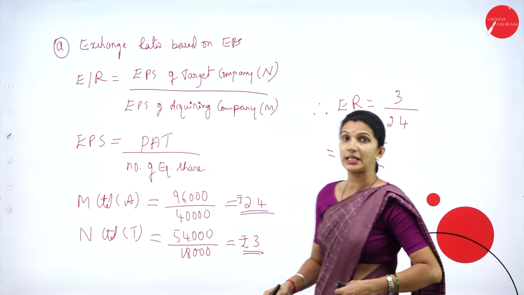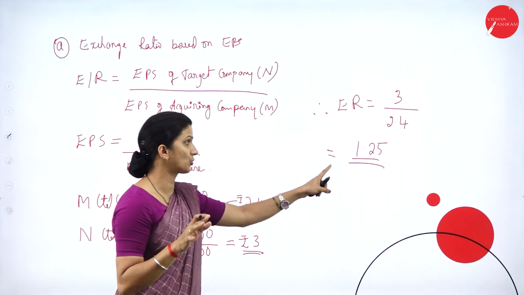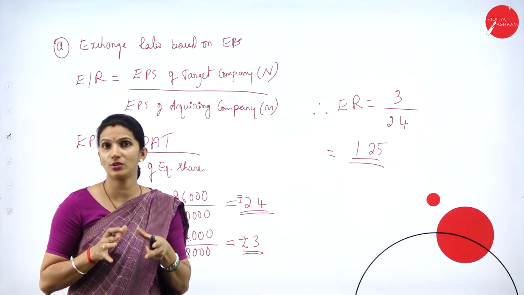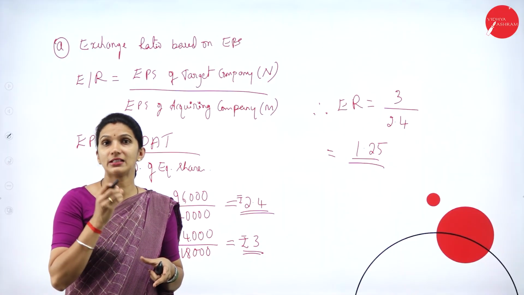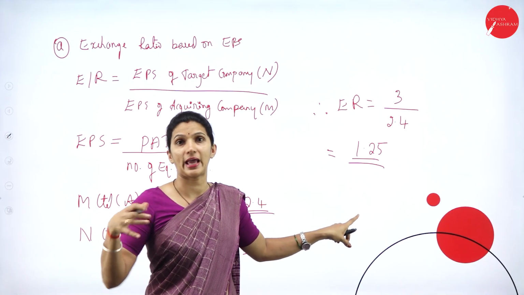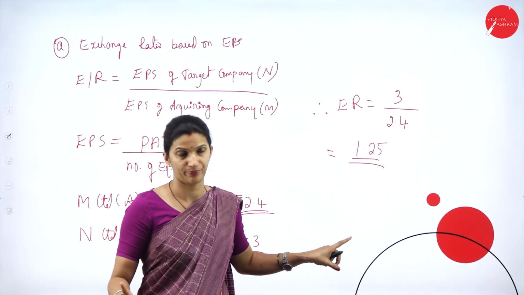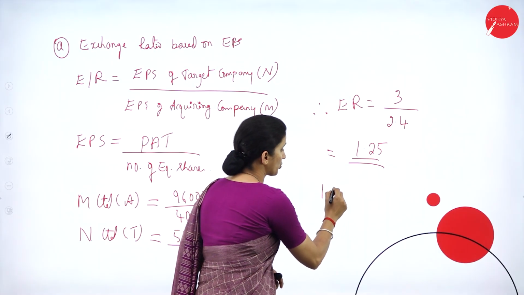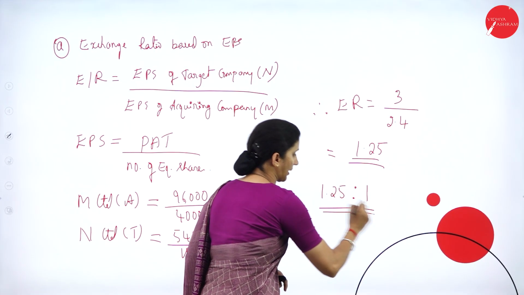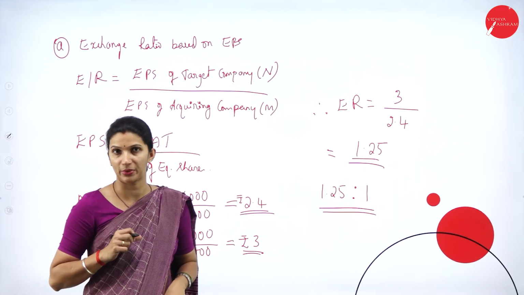So when we consider the EPS for the exchange ratio between the two companies, it is 1.25. That means the shareholders of N Limited will get 1.25 shares for every one share held. So this is the exchange ratio based on EPS.